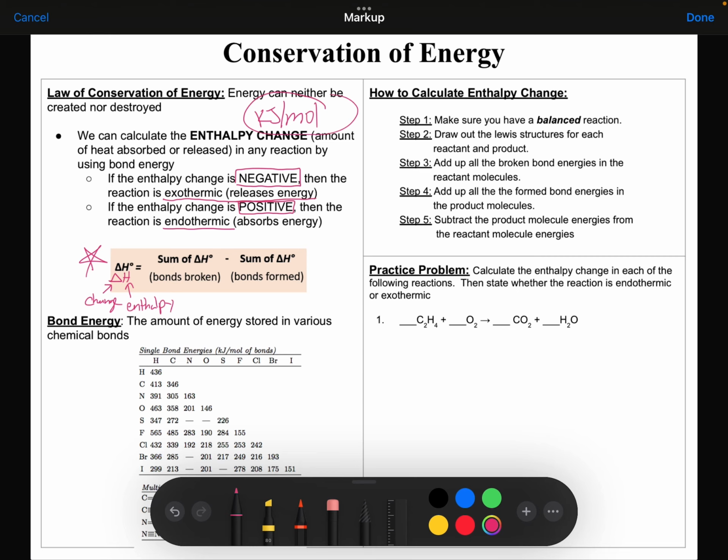So I'm going to color code this for you, and I encourage you to do the same. Any bonds that are broken are reactants. And any bonds that are formed are products.